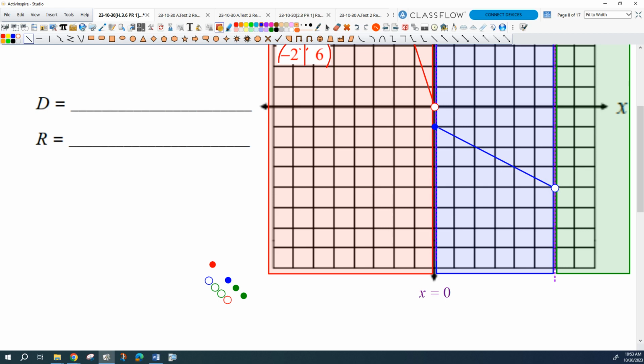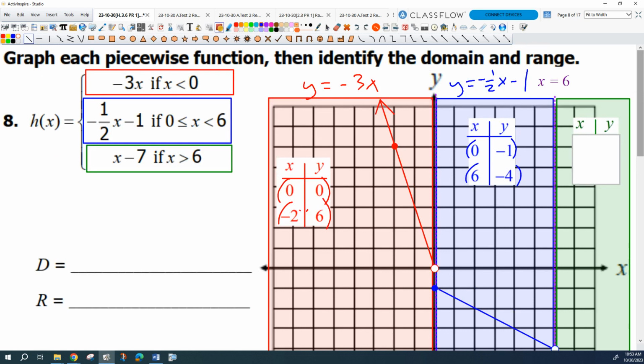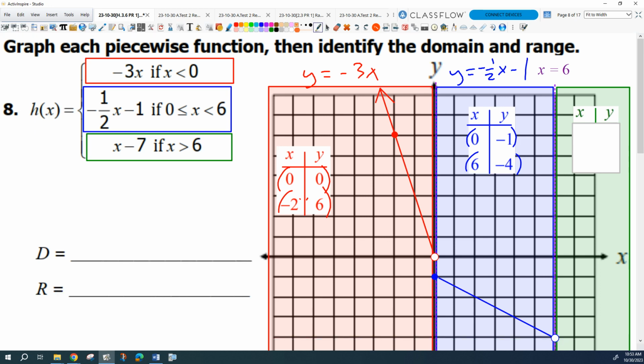Okay, good. Give me thumbs. How we doing? Okay, how about the green piece? Green piece, what would my values be? What's one I'd pick for sure? 6. Okay, if I plug 6 in, let's write down the green equation. y equals x minus 7. If I pick 6, what do I get? -1. What would be another one? How about 8 would work, right? If I plug 8 in, I just get +1.